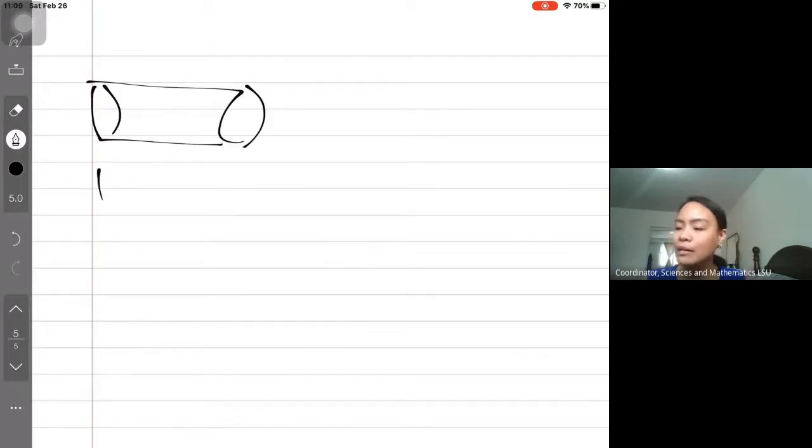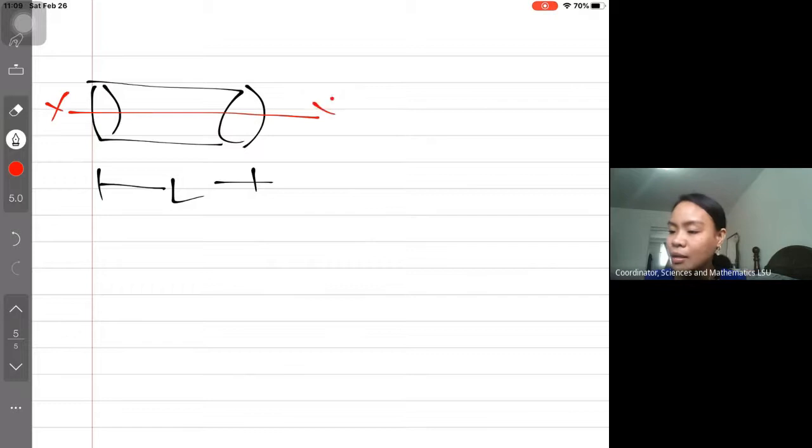So you are given a cylinder with length L, and I will use red for the axis of rotation. This is our axis of rotation, x prime.